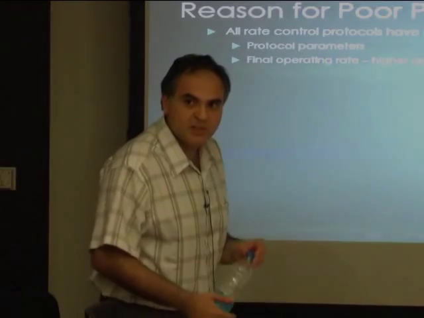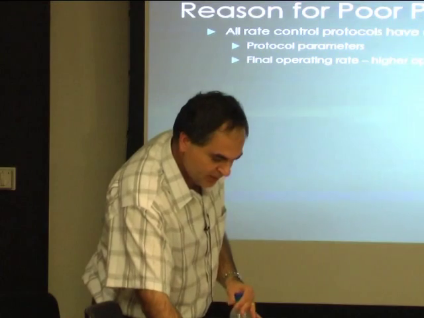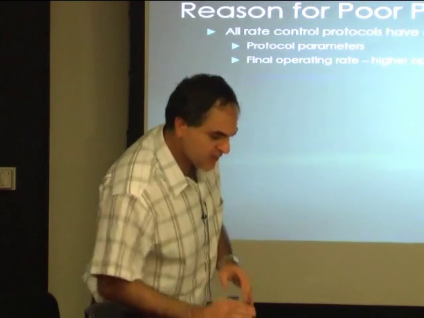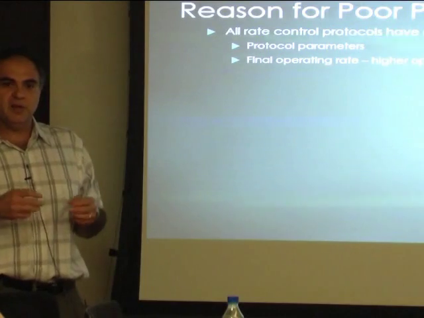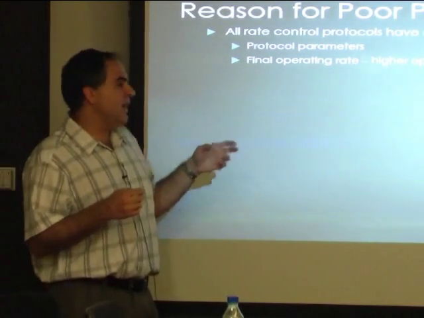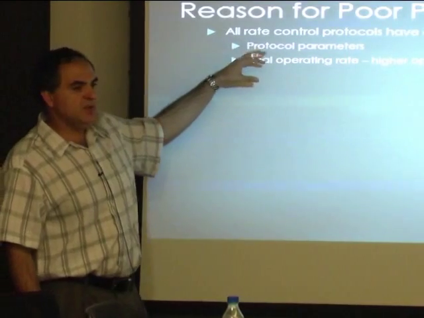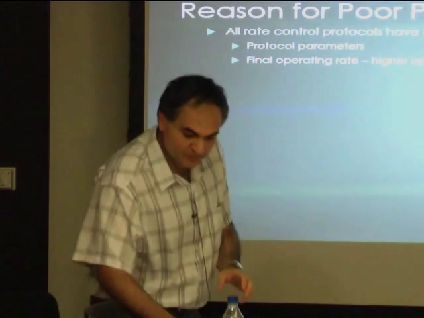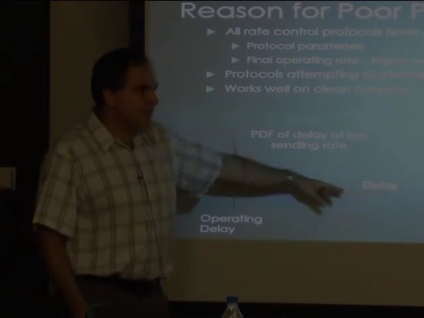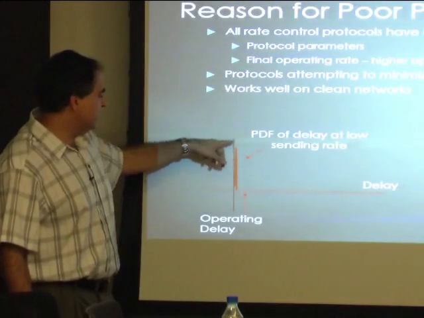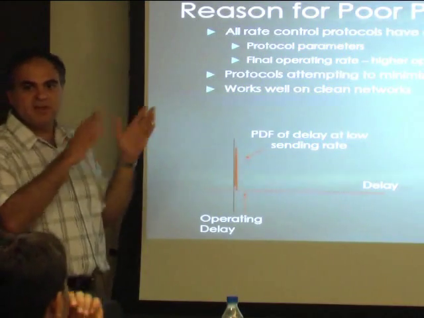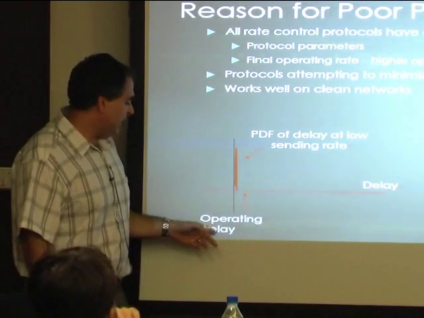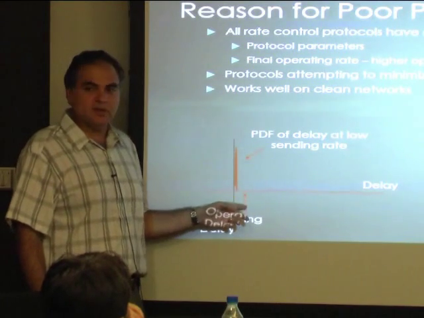And I'll give an intuition as to why this happened without going into too many details. It turns out all rate control protocols have, in essence, an operating point. This operating point is a function of protocol parameters and the final operating rate. It looks like this. Here I have, let's say, delay, and let's say this is the PDF of the delay. This is the first plot I showed. And then let's say you have an operating delay point here.